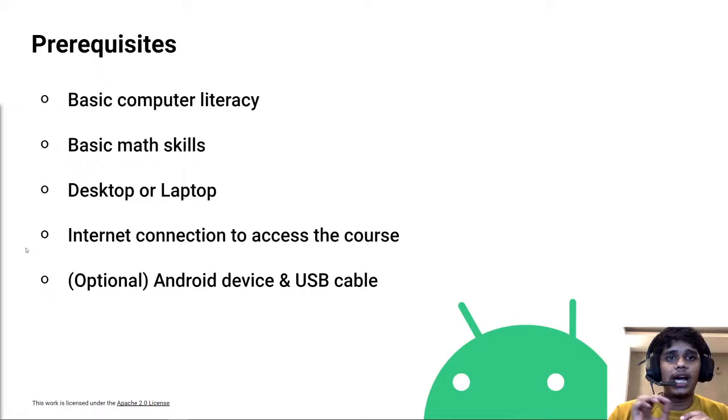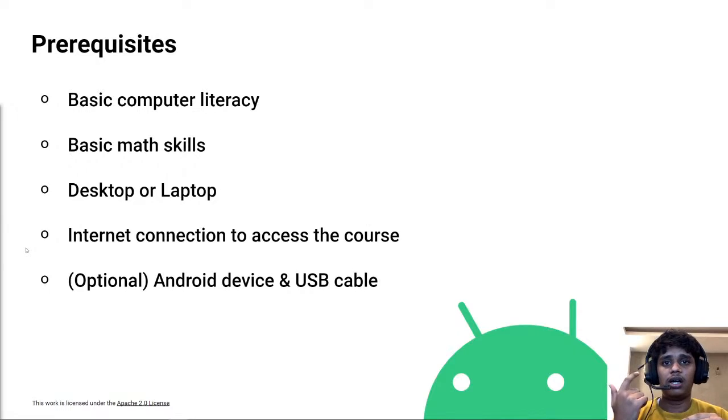Why do you need a stable internet connection? Because this course is mainly on a platform in Android Studio, so it's on a website. Optionally, you can have an Android device and a USB cable. Why?